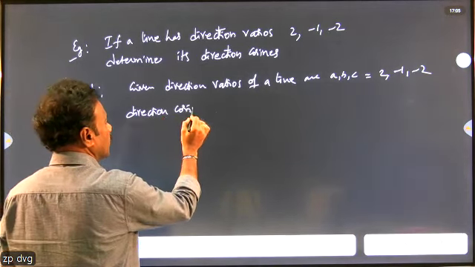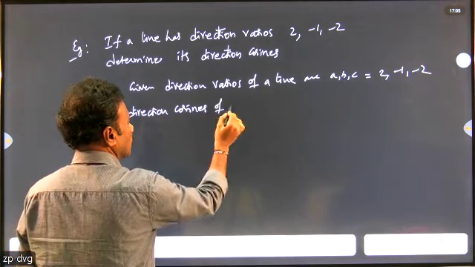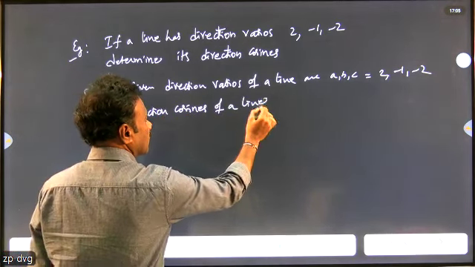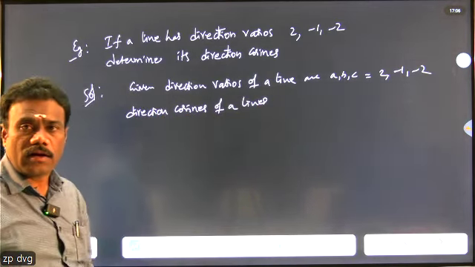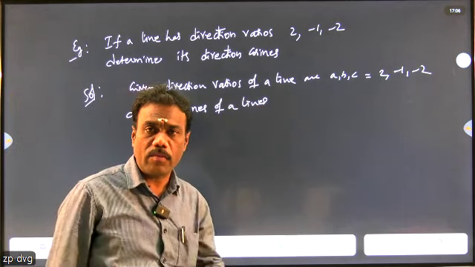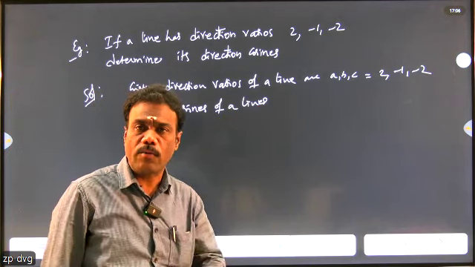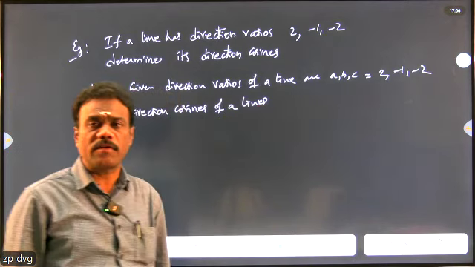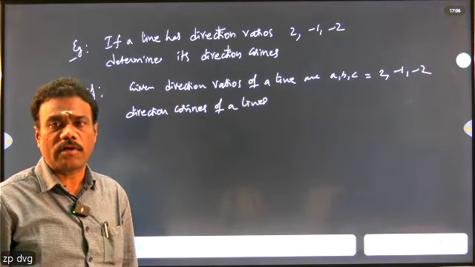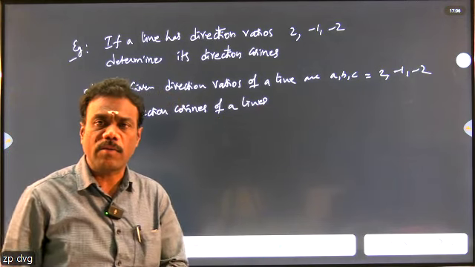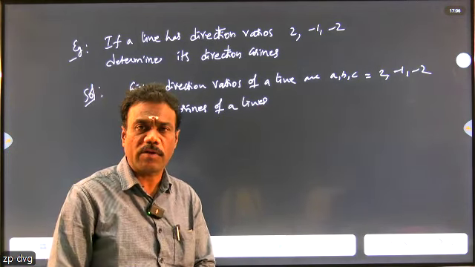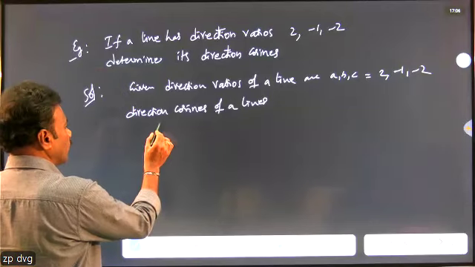Already we have discussed that direction cosines of a line are denoted with L, M, N, and the formula for finding L, M, N when the direction ratios are given is A by root over A square plus B square plus C square, B by root over A square plus B square plus C square, and C by root over A square plus B square plus C square. So you have to use the formula.